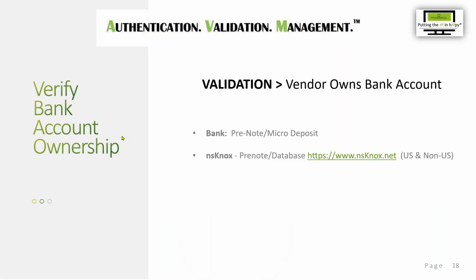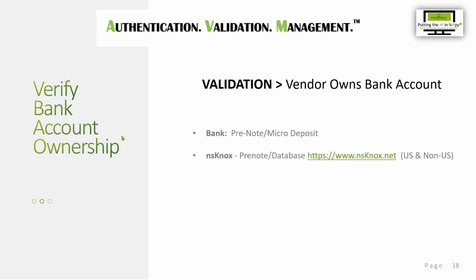All right, so the second step of validation is verifying whether the vendor owns that bank account. And the reason you want to validate this, of course, is to ensure that your electronic payments are paid to the correct vendor and not a fraudulent bank account.